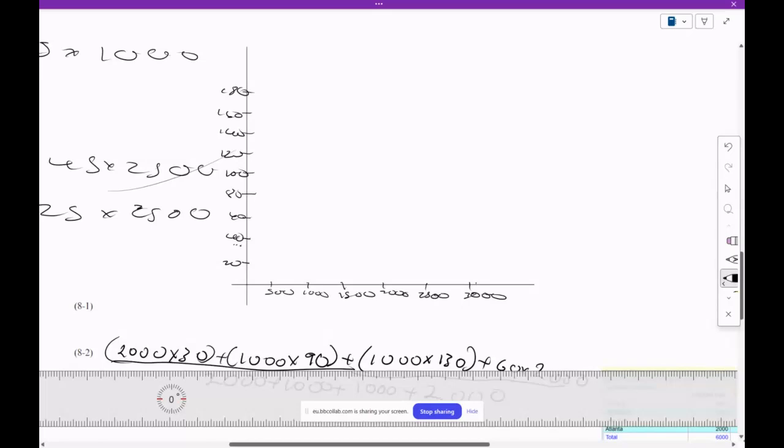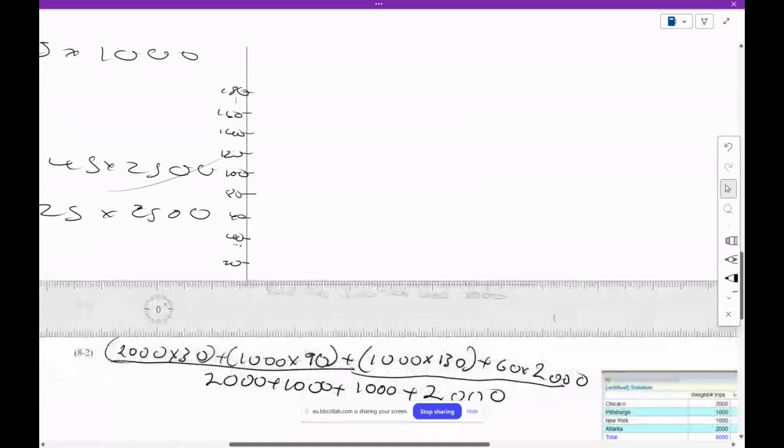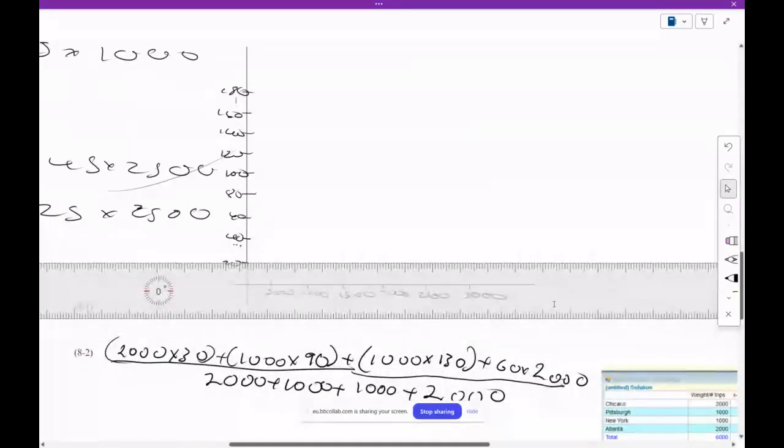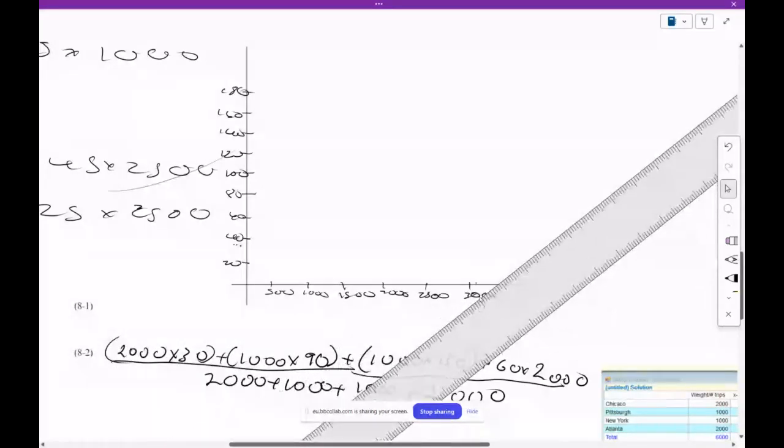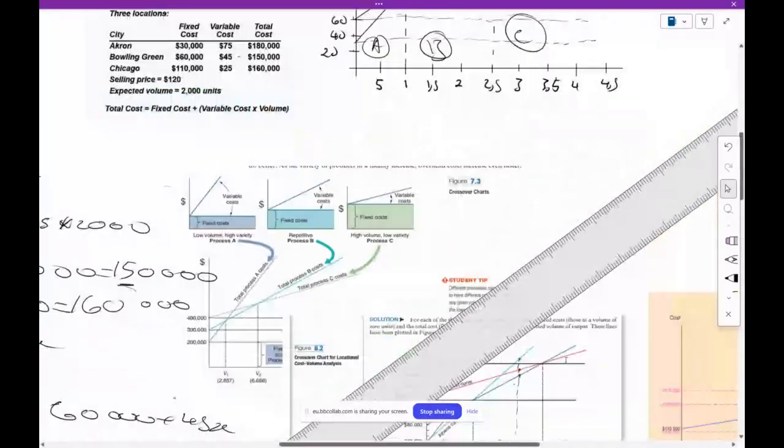And then now we need to get our straight lines. Firstly, identify them on the x-axis.